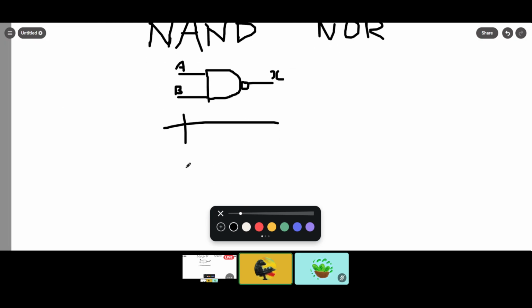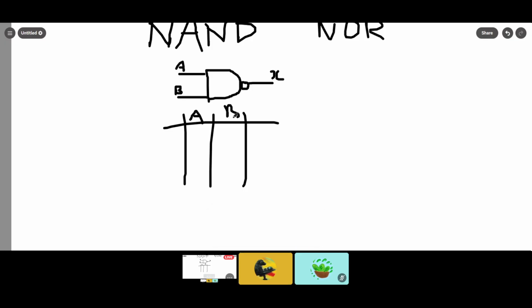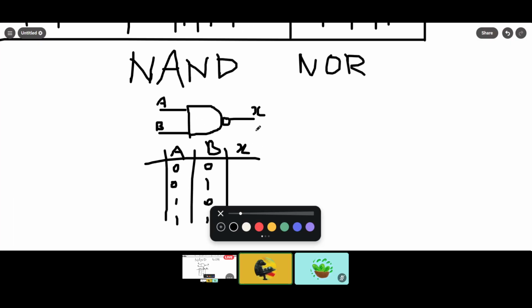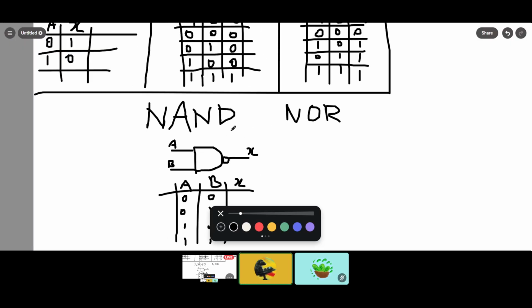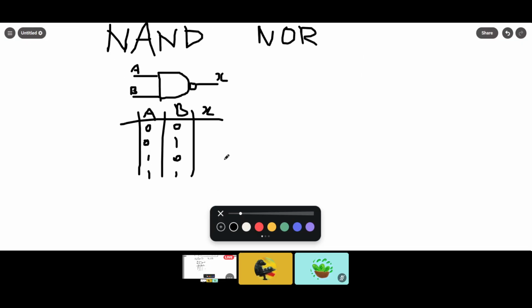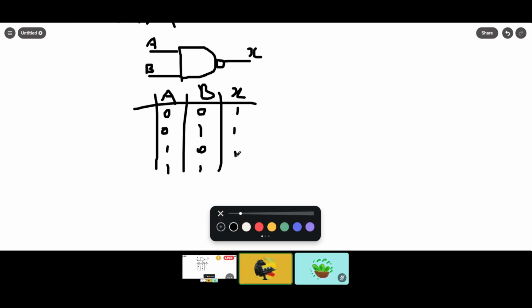And the behavior is as such. Let's draw the truth table again: A, B, X. Let's draw all the possible configurations for A and B. As I mentioned previously, it's just the inverse of the output. So instead of 0, 0, 0, 1, it would be 1, 1, 1, 0.